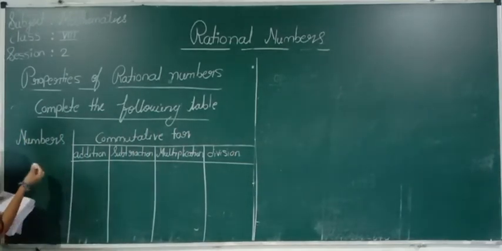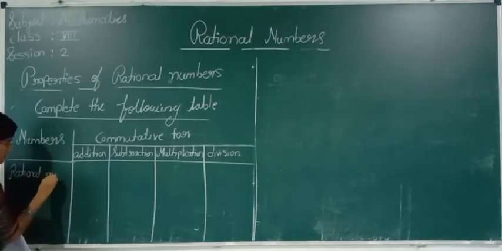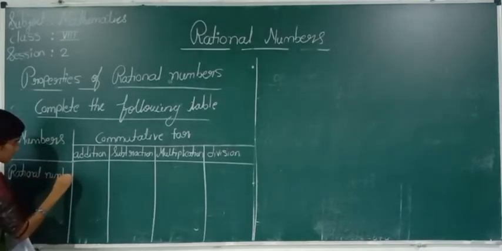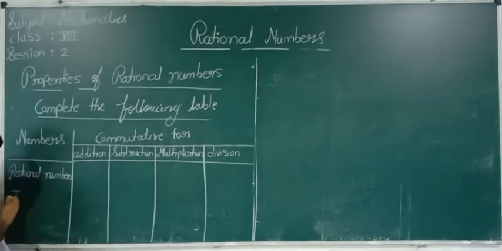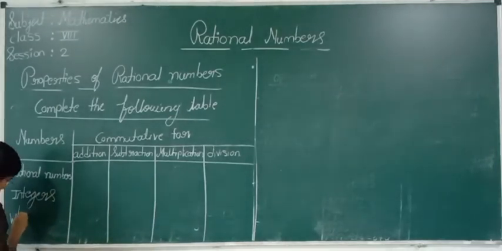Okay, they are given here. Rational numbers, integers, and the last one is whole numbers.